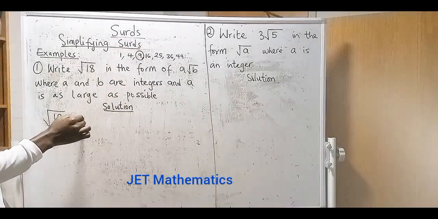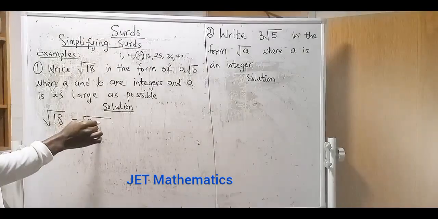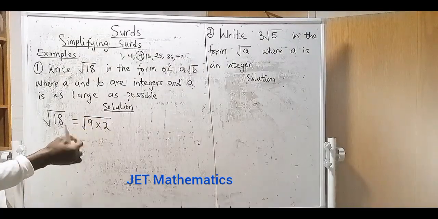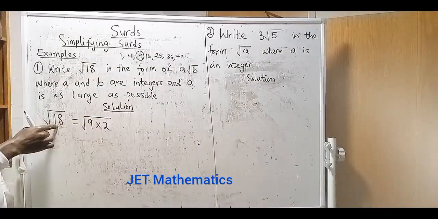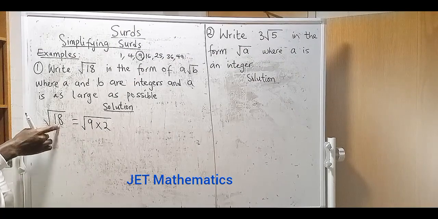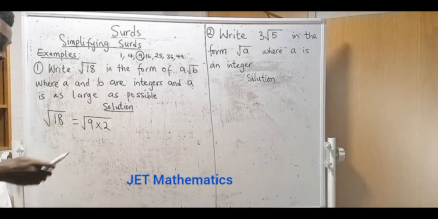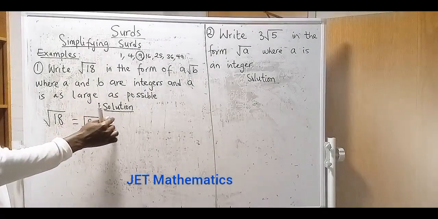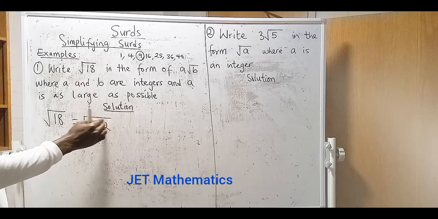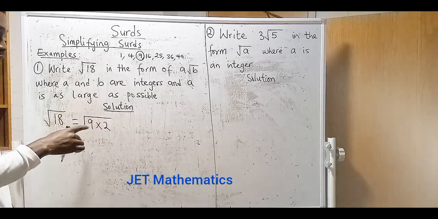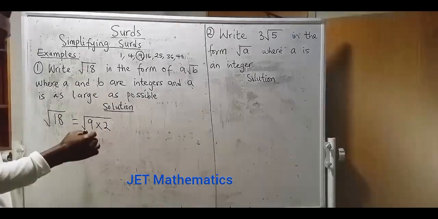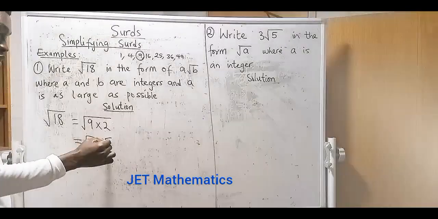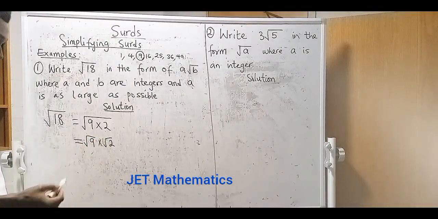So we can write this as root 9 times 2, so that when we say 9 times 2, we'll get back 18. Then, as I said in our last video, if you have something like this, you can separate them as root 9 times root 2. Easy.